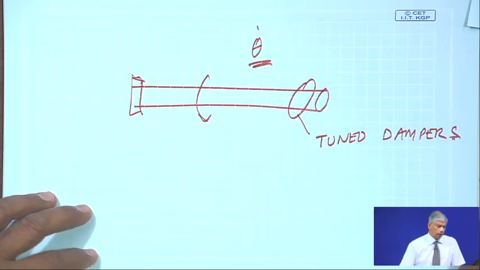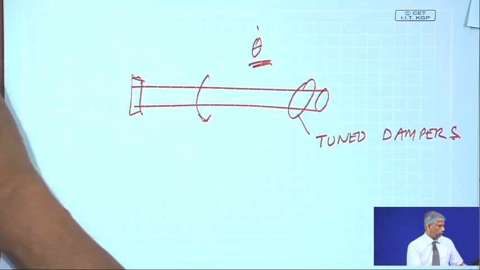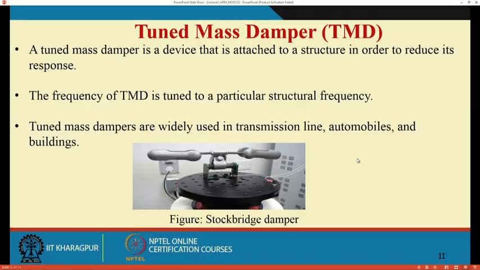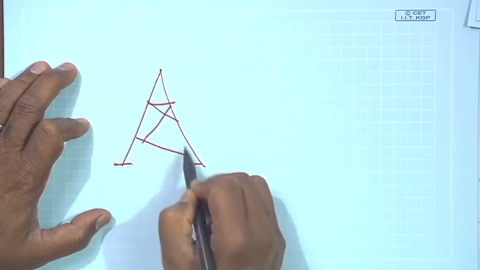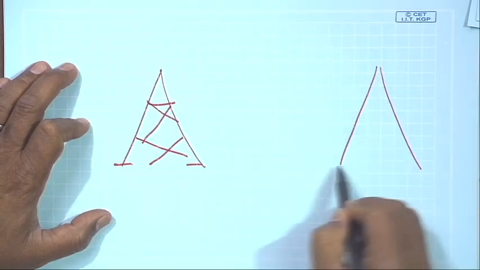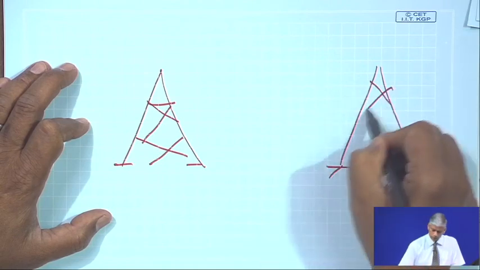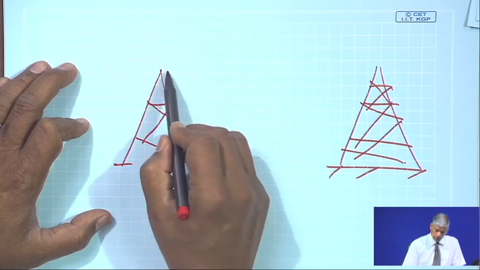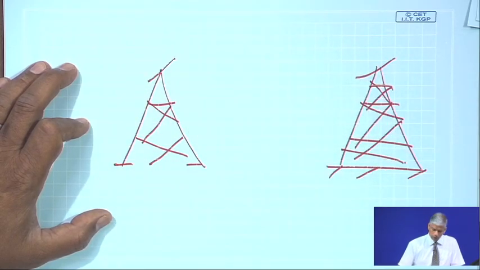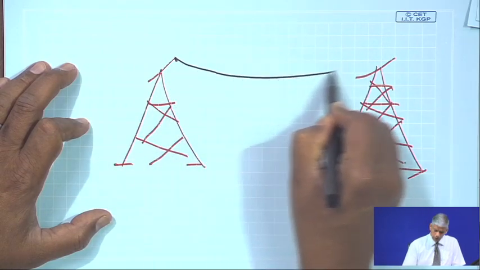Okay. And I will give you an example also, which is a demonstration here which you can see, but I will give you one other example. You would have seen high transmission towers, power lines, and then there are electrical catenary cables.